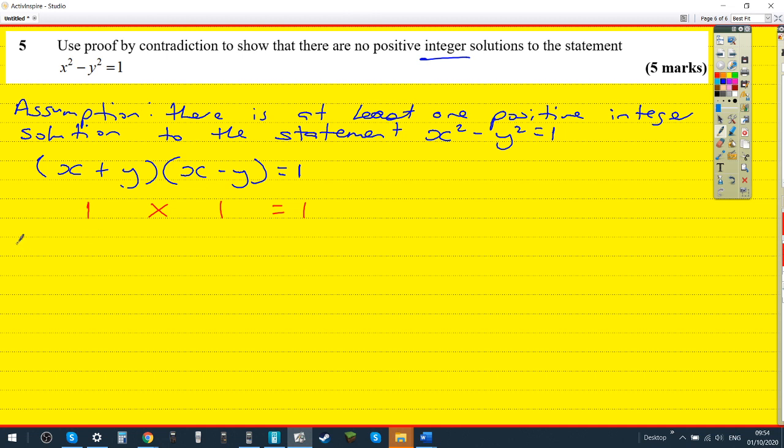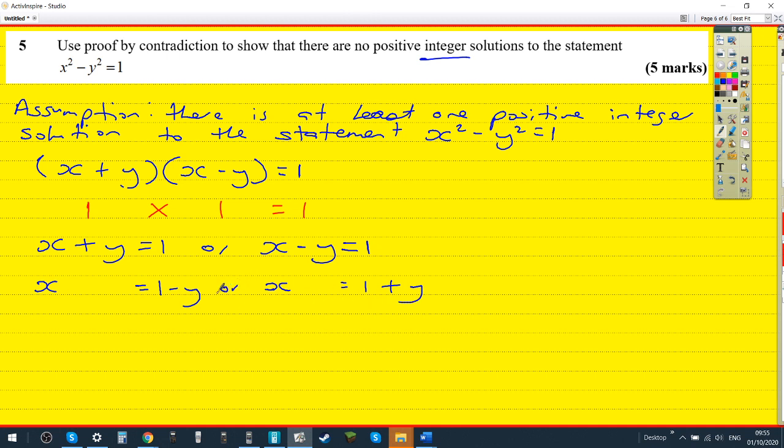Oh, so can we then say something like x plus y is equal to 1, and x minus y is equal to 1? And do we then need to square both sides? No. Maybe, but x is like 1 minus y, or x is 1 plus y.